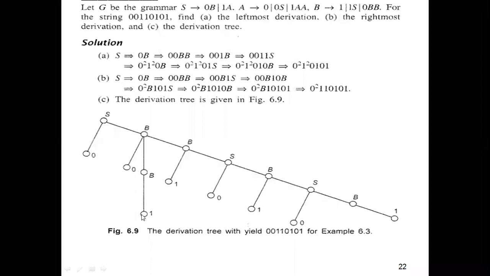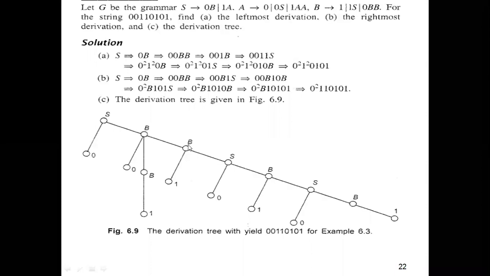The input string here is 0 0 1 1 0 1 0 1 0 1 0 1. And now I need to check whether it is a leftmost derivation tree or rightmost derivation tree. As from the diagram it is not suitable for the leftmost, so I'm checking whether it is suitable for the rightmost or not.